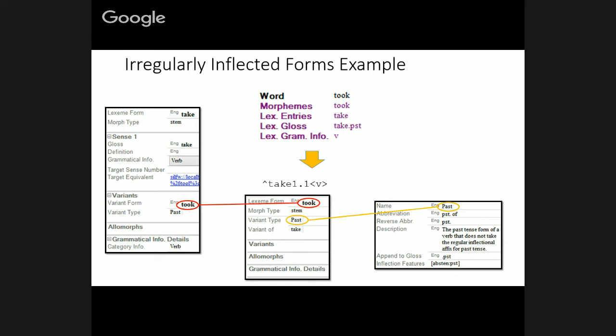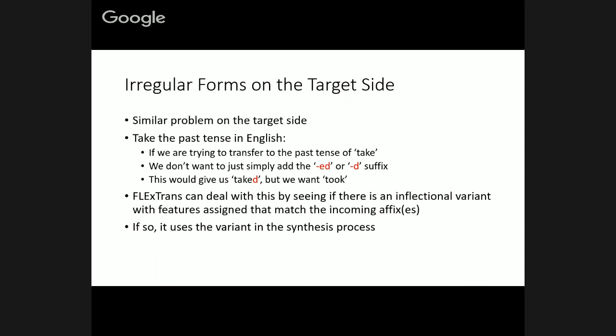It has some inflection features. And so we take those inflection features and put those out as part of the word. And so it basically looks like a suffix. The target side has the same kind of thing. I won't walk through that, but it's the reverse that's needed.